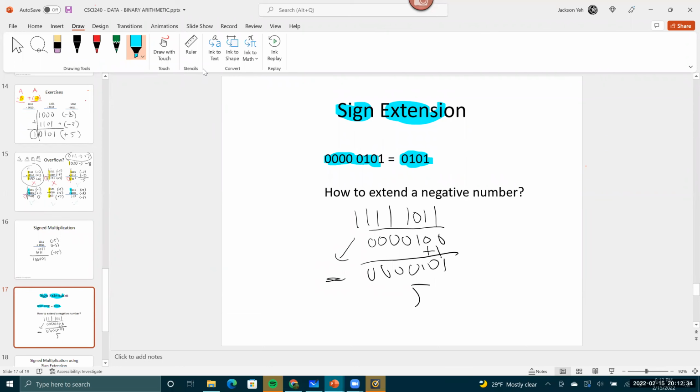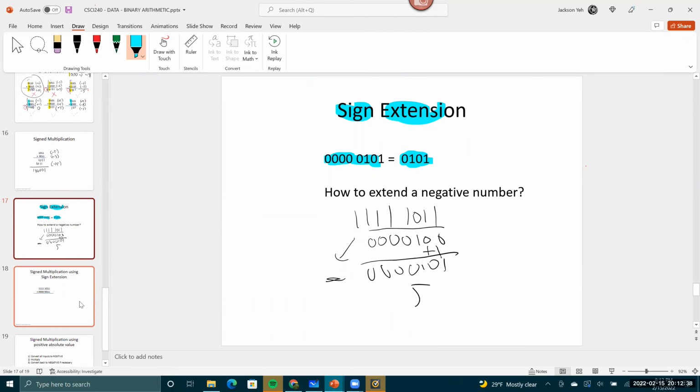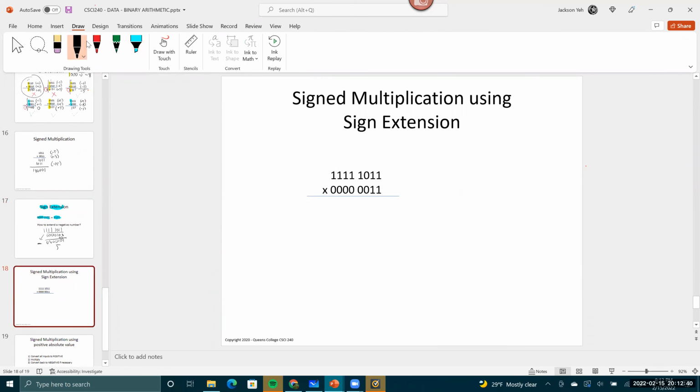So how does this apply to multiplication? The original problem I had before was -5 times +3, and all I did here was pad it with ones and zeros. So I doubled the inputs. Remember what we said about multiplication, the input size and the output size: the output will be double. So for sign multiplication, you just double the inputs.